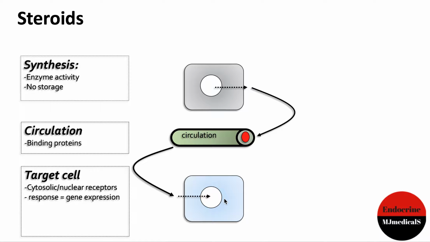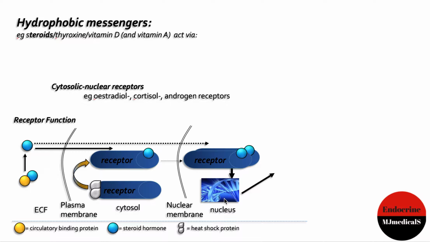So most of their receptors are cytosolic or nuclear receptors, receptors that are found within the cytoplasm of the cell, or receptors that are found within the nucleus. Examples of cytosolic and nuclear receptors will be estradiol, cortisol, androgen receptors, and so on.